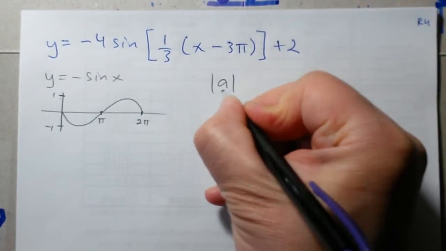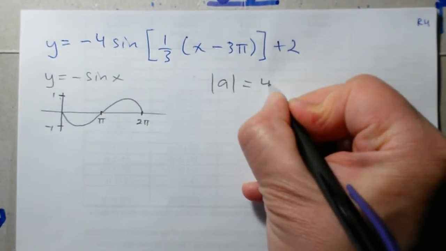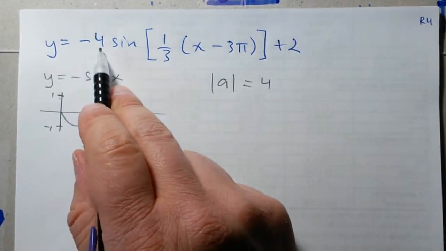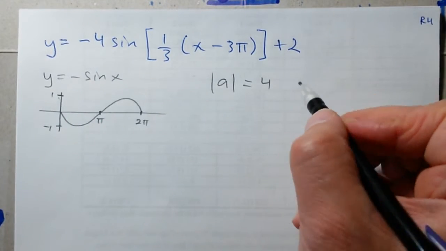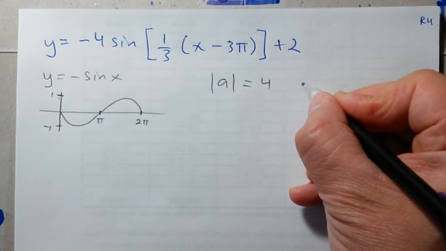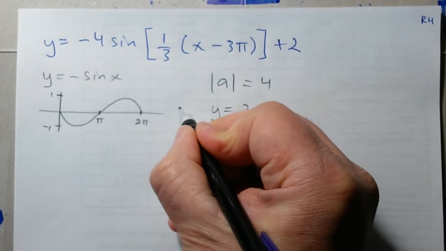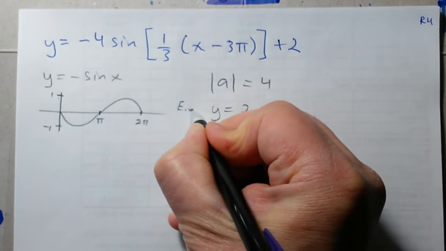So a is equal to 4, or absolute value of a anyways. We know that a is -4. The equation of axes will be y equals 2, right? That's our equation of axes.